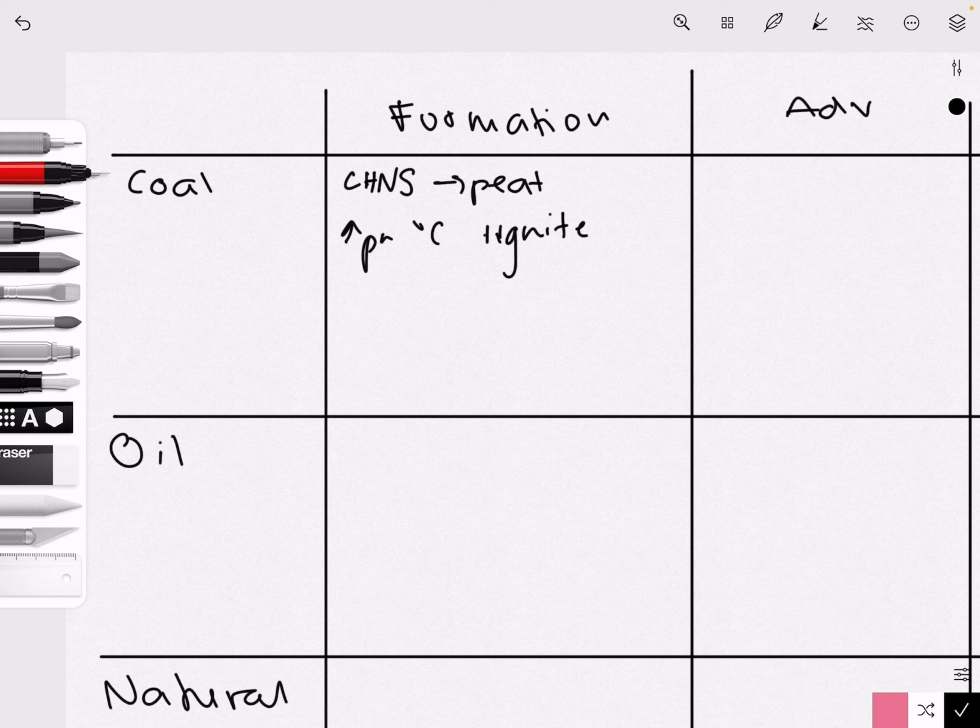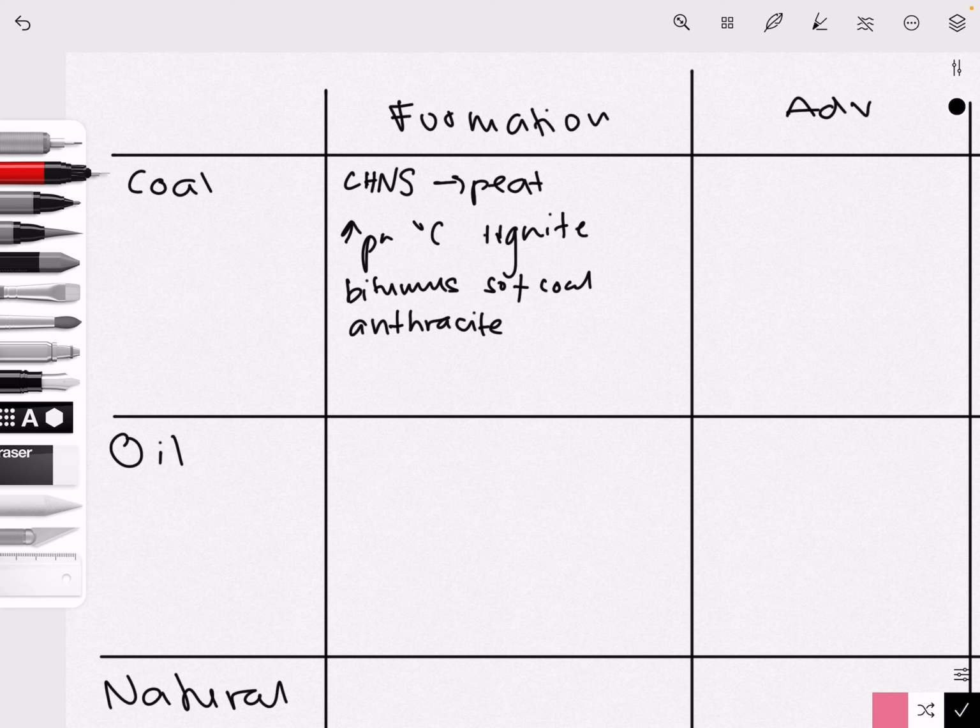This will then undergo even higher pressures, even more temperature to turn into bituminous soft coal, similar to bitumen, which you get in your fractioning cylinders, but not quite the same. And then this will undergo, yet again, even higher pressures, even higher temperatures to result in anthracite, which is just the fancy name for what we call coal.